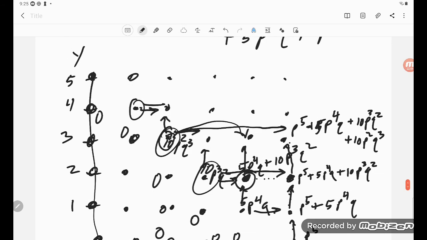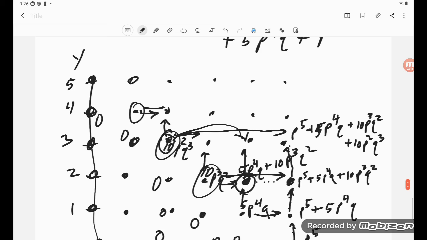And so on top, we will finally get all of these put together, which is 1. And going across the top, we take our amount.